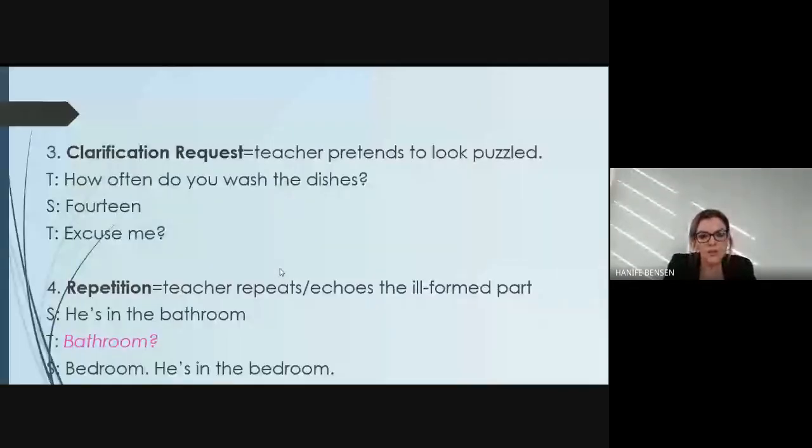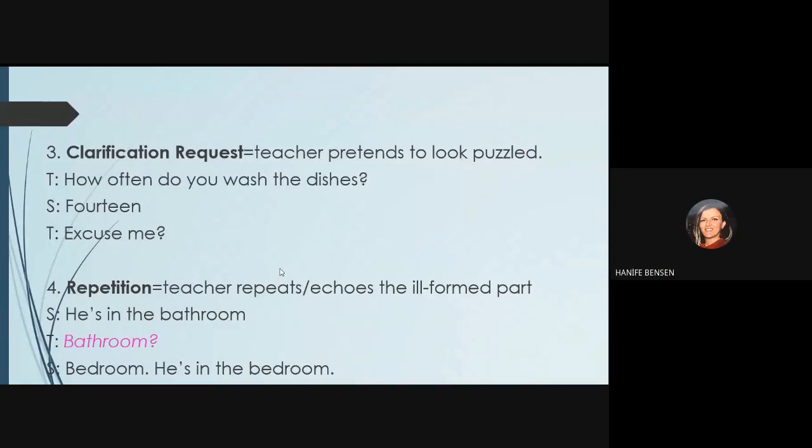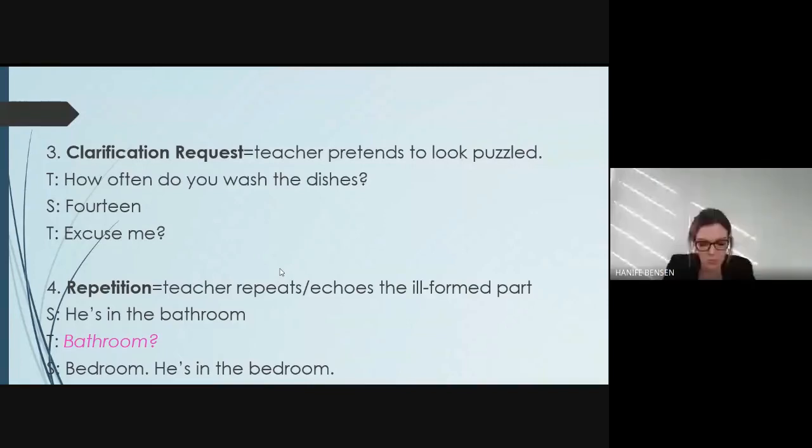The third way of giving corrective feedback, the third strategy, is clarification request.